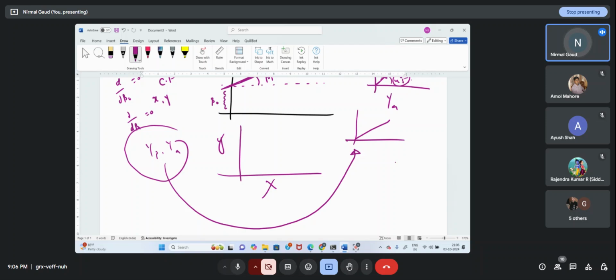I haven't said that the relationship between YP and YA is linear. The relationship between X and Y is linear. That is our assumption. That means every feature in X should be linearly dependent on Y. That's what we are expecting.